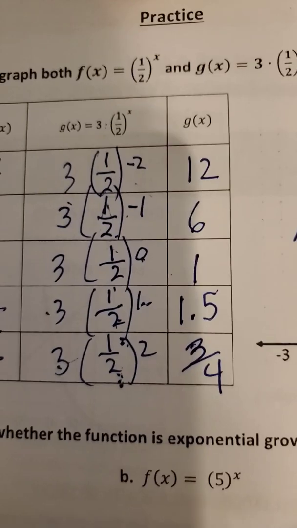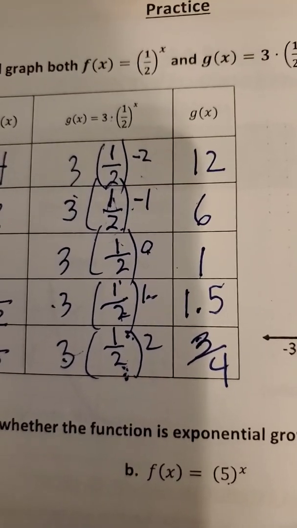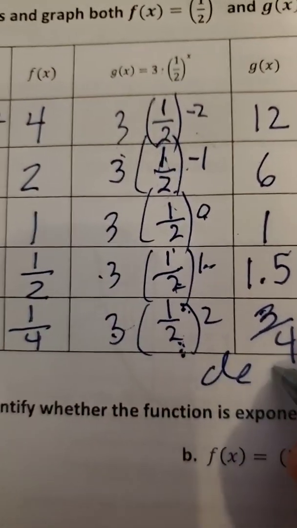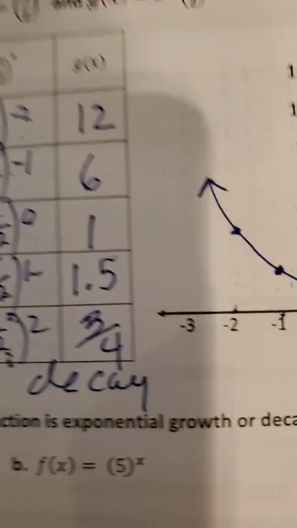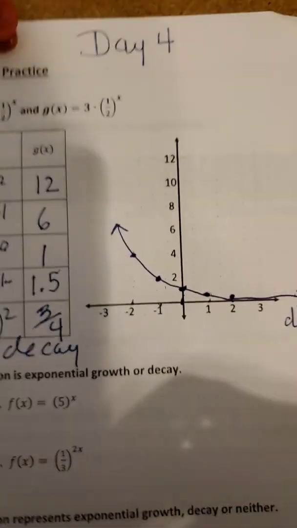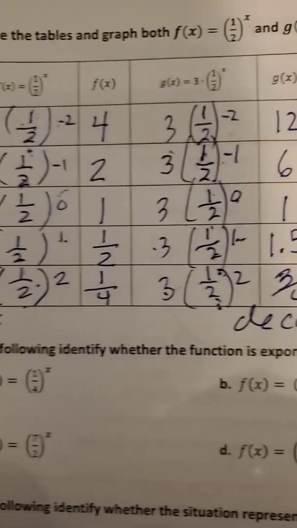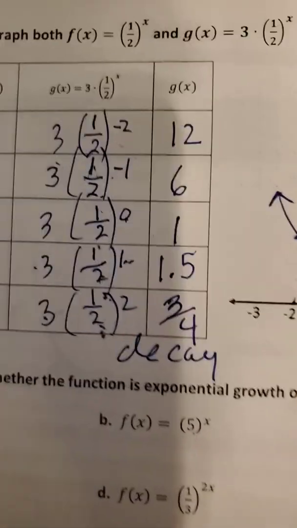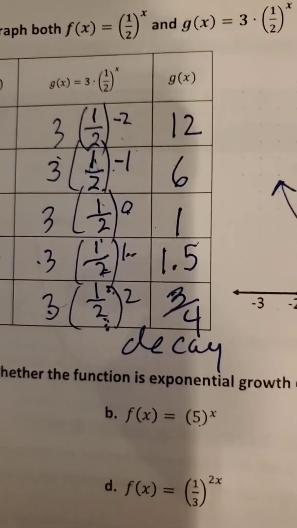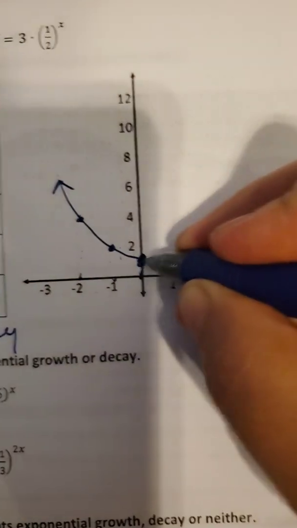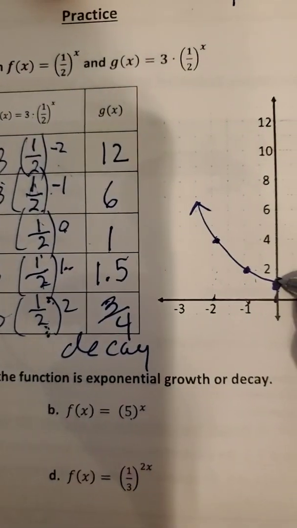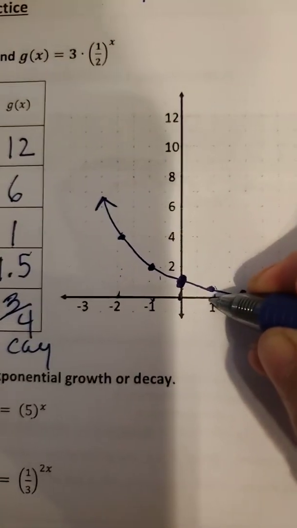Like the one we just did, you can notice that the numbers are getting smaller as you go down. So that's decay too. But let's go and graph that. So 0 is 1, and then 1 is 1.5.